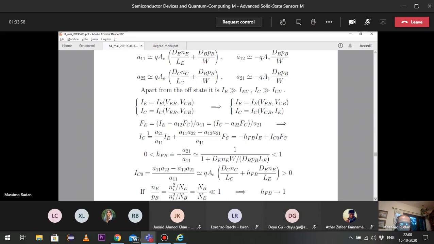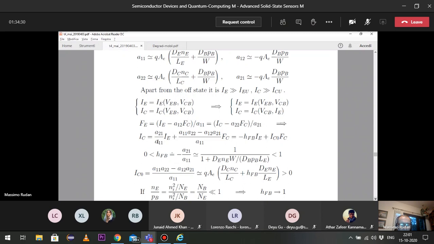Now we consider the coefficients. Obviously, the coefficient A21 divided by A11 is a pure number, because IC is a current and IE is also a current. Also, you remember A21 is negative and A11 is positive.